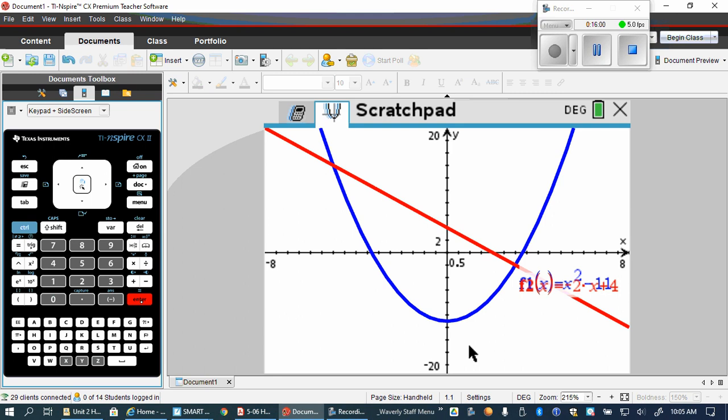Let's get rid of this stuff here. Remember how to do that? Just click it and hit delete. So let's make a quick sketch of this in our book.